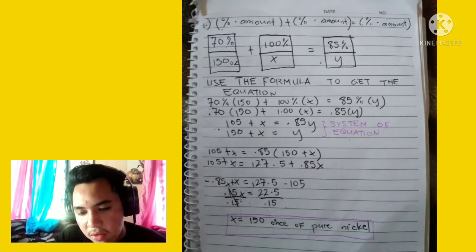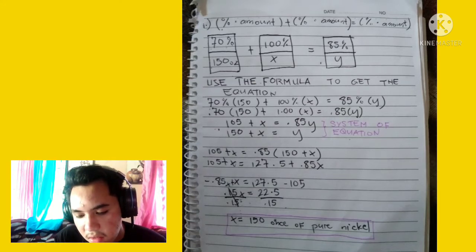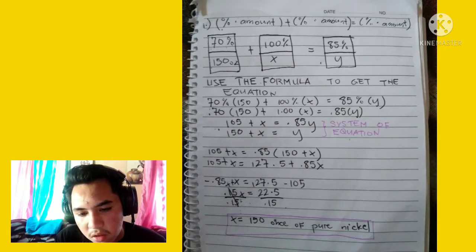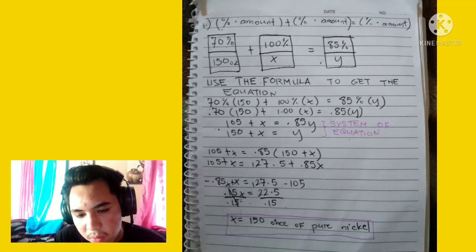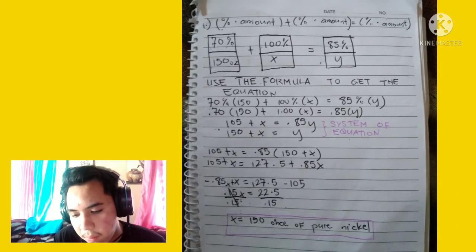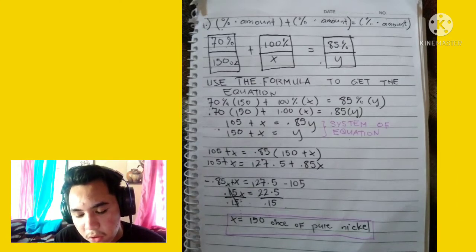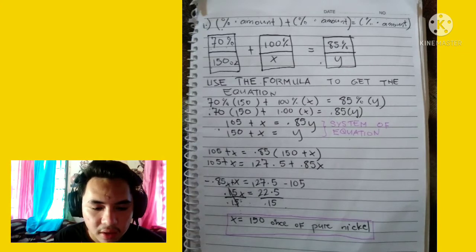And next we have 100% because it is said here that it is pure nickel, so it is 100%, and our amount is x because it is unknown, since we are finding the ounces of pure nickel, equals 85% because we're going to make an alloy which is 85% pure, but we do not know the amount, so we put it here as y.